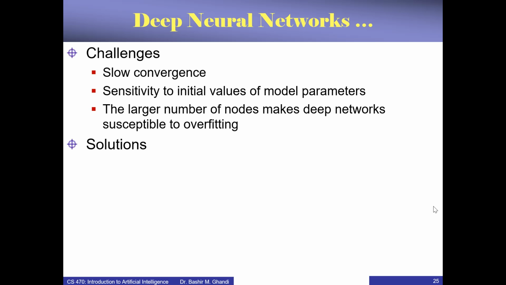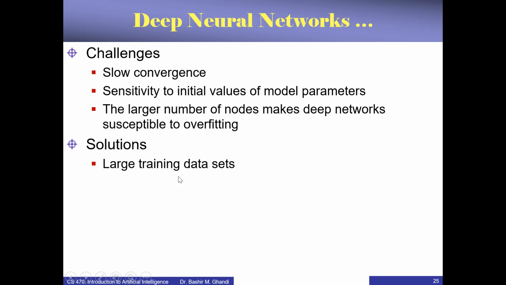So what are the solutions to these big challenges as far as deep neural networks are concerned? Well, the first and most important solution is that in situations where deep neural networks are used, usually you have very large training data sets.